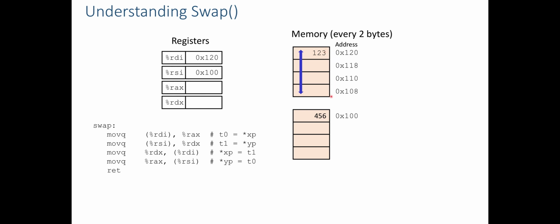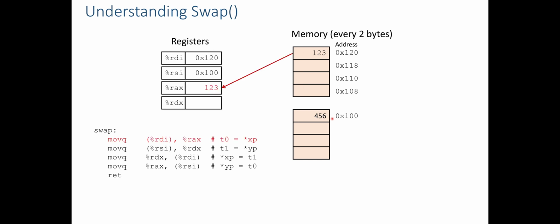That's what I'm showing here, is every 2 bytes, just to make it a bit more compact. And then RSI, remember now, contains YP, right? And so RSI is this address, where again, a long whose value is 456 is stored in memory there.